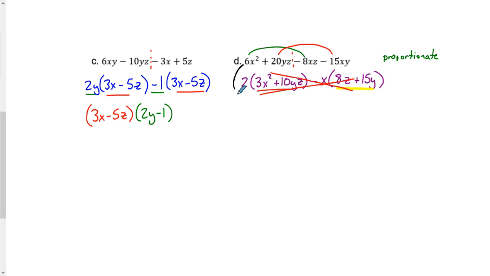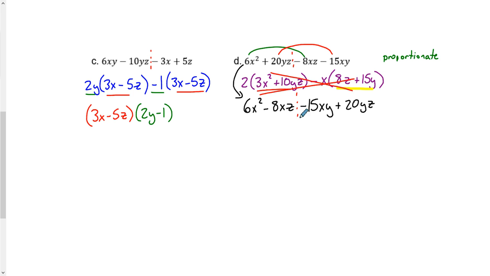So what we're going to do is rewrite this as a 6x squared minus 8xz. And since we wrote the 6 first, in between these two groupings, we would want to write the smaller number first as well. So a -15xy add the 20yz.